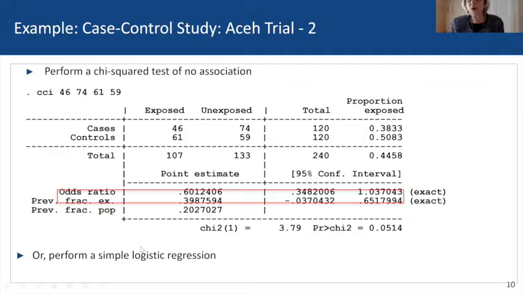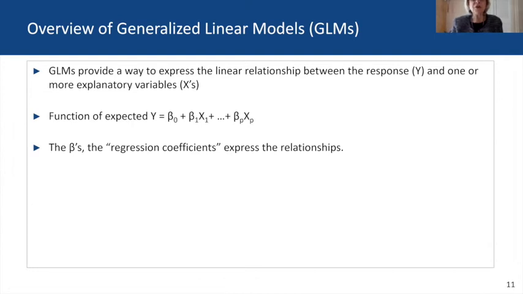Or we can perform a simple logistic regression, and that's what we will do. So first, let's take a bit of a sidestep to overview generalized linear models, or GLMs, which allow us to express the linear relationship, so important word, linear or straight line relationship between a response y and one or more explanatory variables, the x's or covariates.